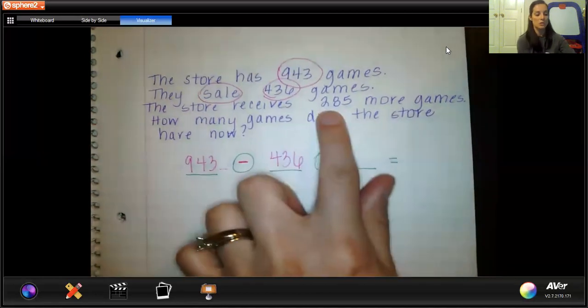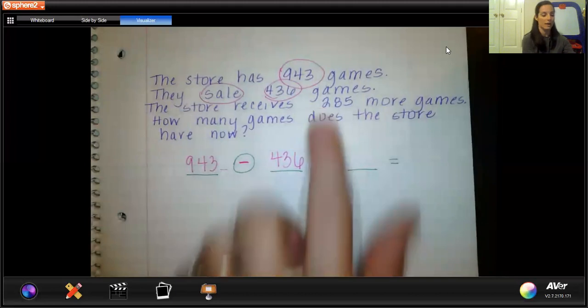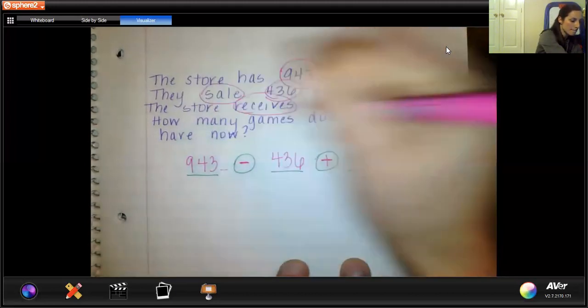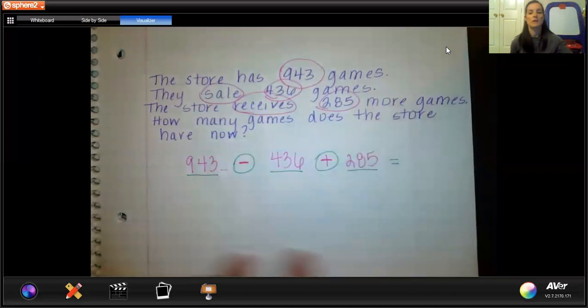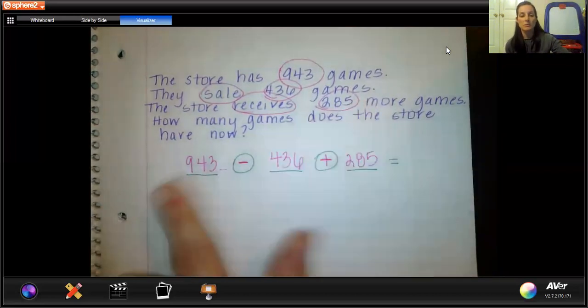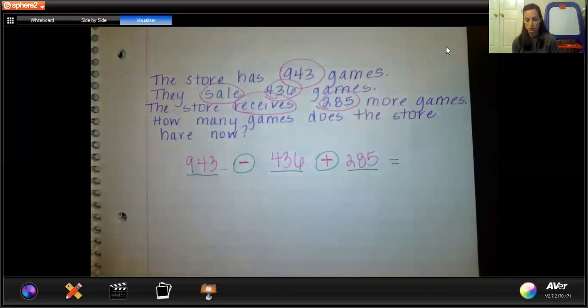So if they receive 285 more, we're going to add that 285. So we have analyzed our problem. Here's our plan of how we would solve that problem. And now we need to actually solve our problem.